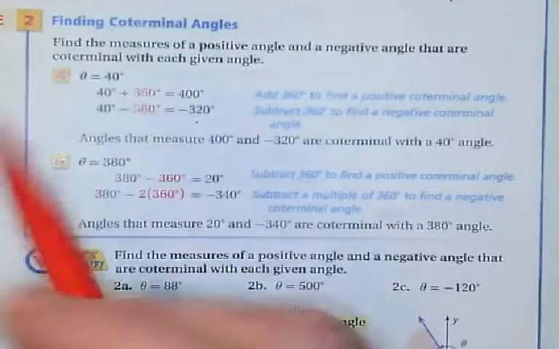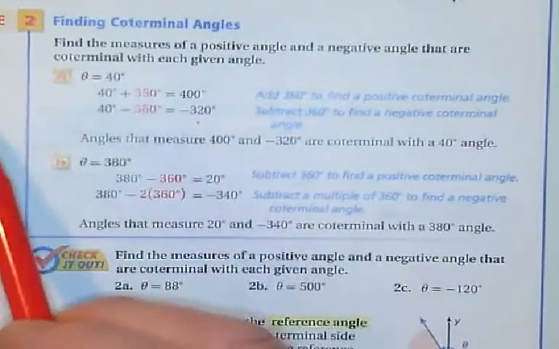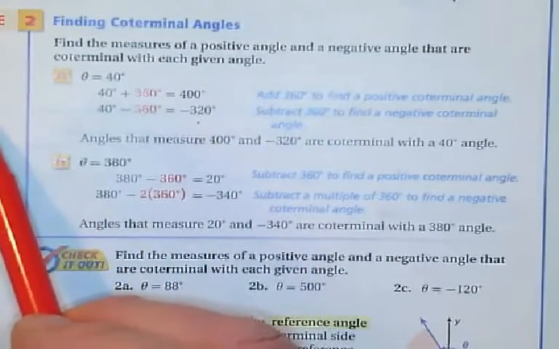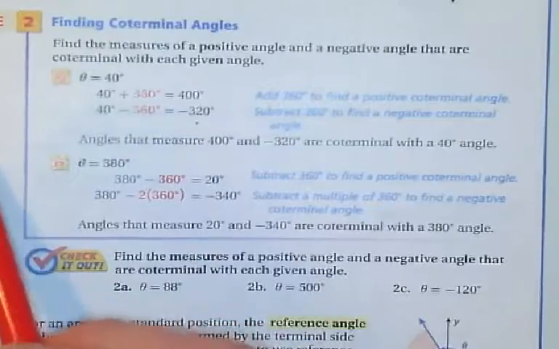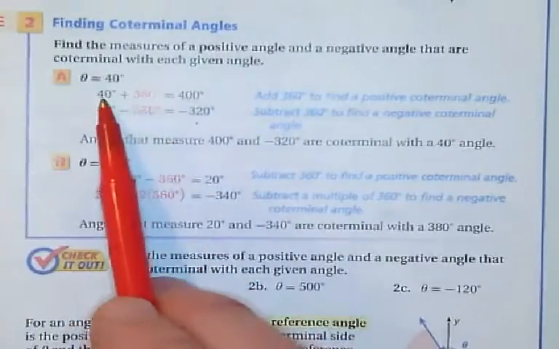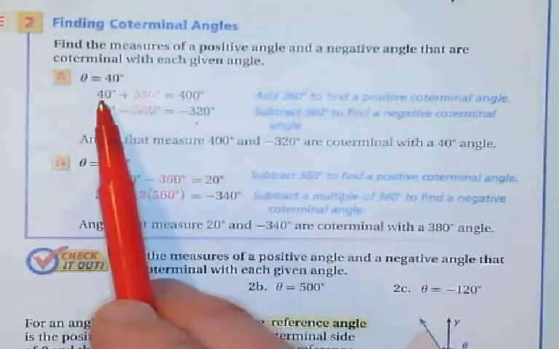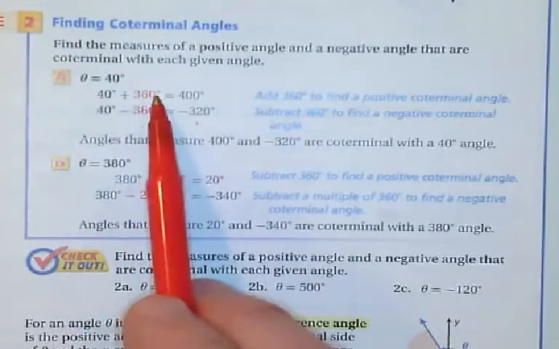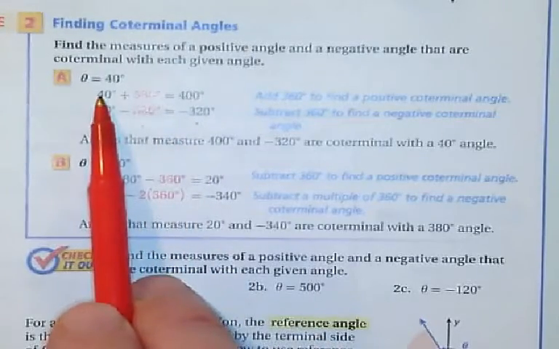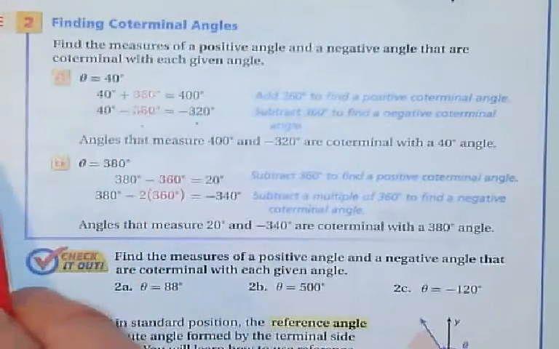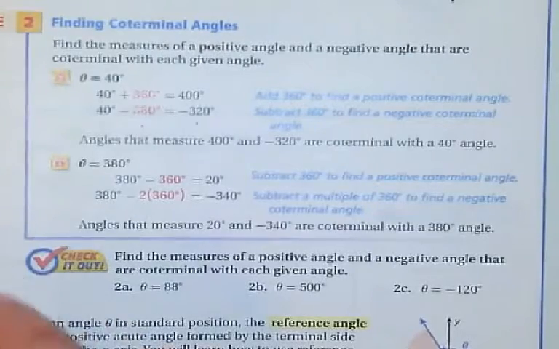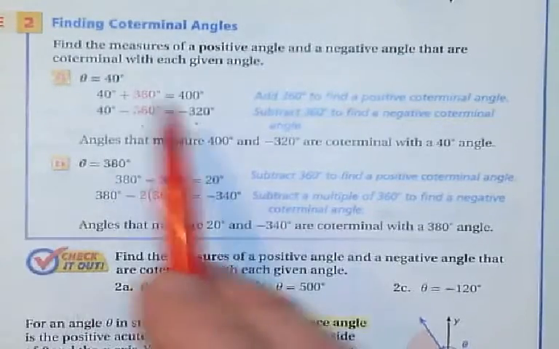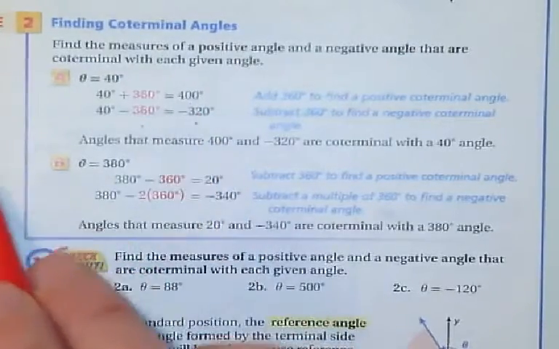Right? And if I wanted to know another angle that was the same size that was positive, all I have to do is add 360 to this. So what I'm doing is I'm subtracting 360 from it, and I'm adding 360 to it. Right? So here we go. If I add 360 to 40, I would land here. 400 degrees would land exactly on 40.